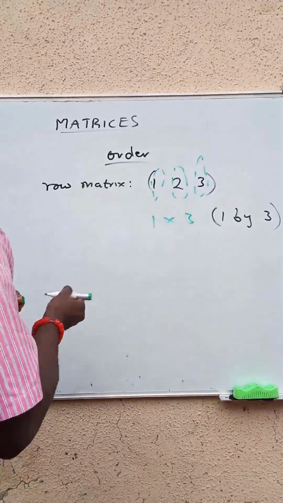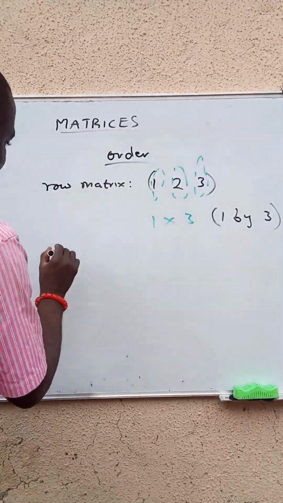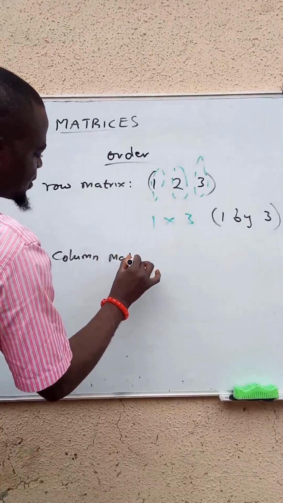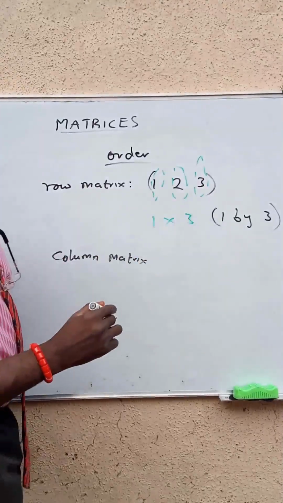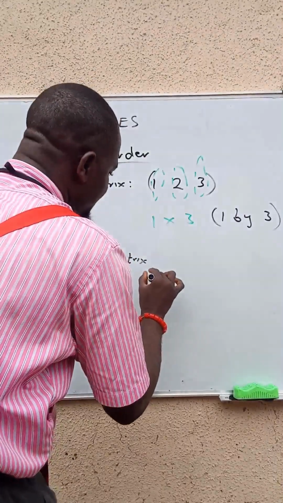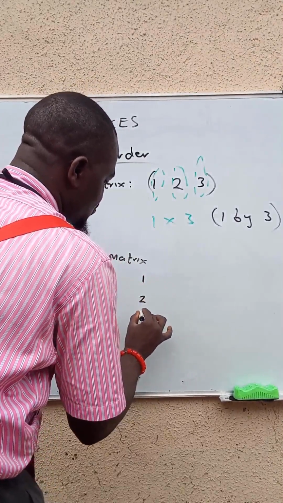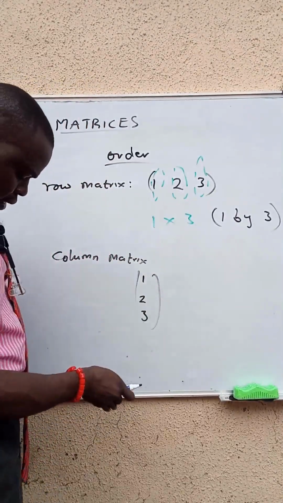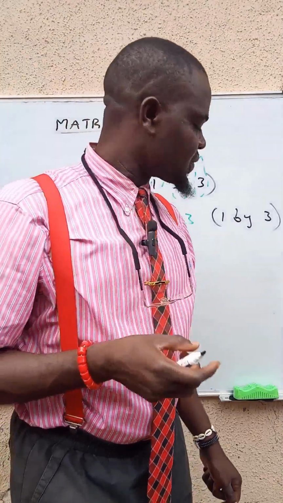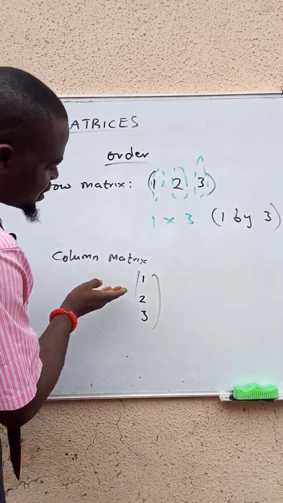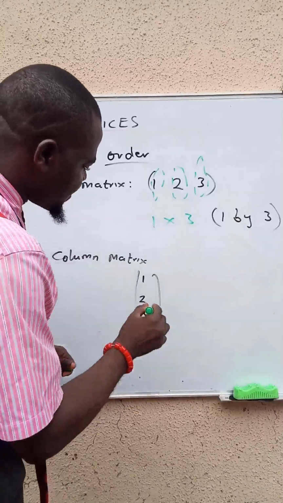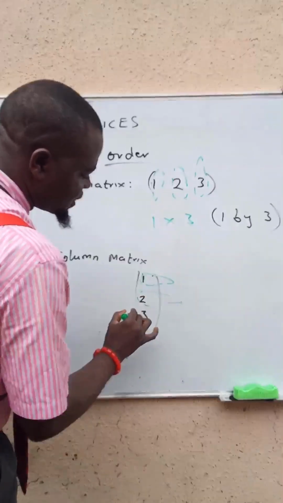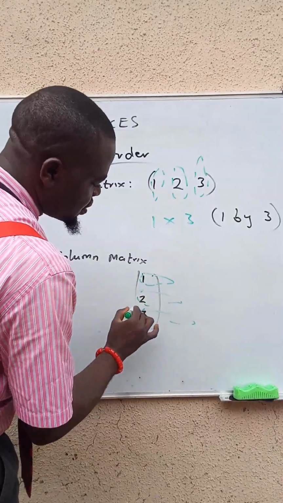Then if you talk of a column matrix, I'll use 1 to 3 as an example. I have 1, 2, 3. Now in this case, you see that 1, 2, 3 is standing on its own, right? Then how many rows do we have here? This is the first row, second row, third row.